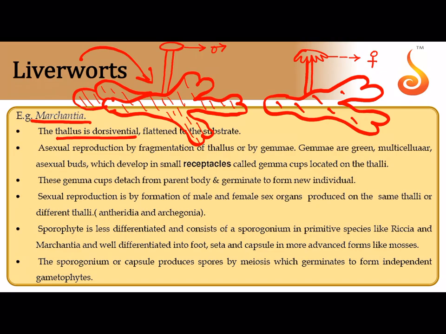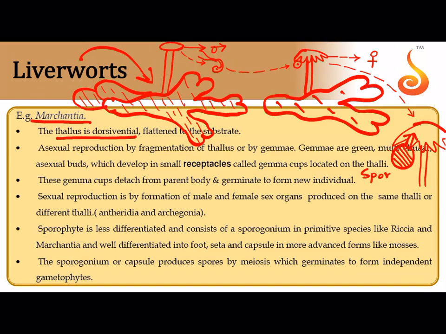So now can you guess what will happen? The same thing. The male sex organ will produce the male gamete, which is biflagellate, and the male gamete will go and fertilize the egg. Correct? And then in this umbrella-like portion, the egg will develop into a structure. What is the diploid phase in the life cycle called, which is dependent on the gametophyte?